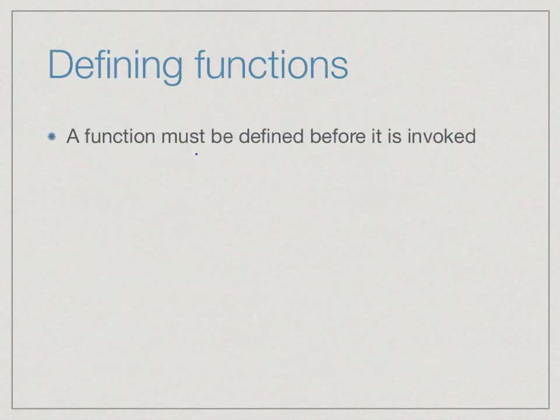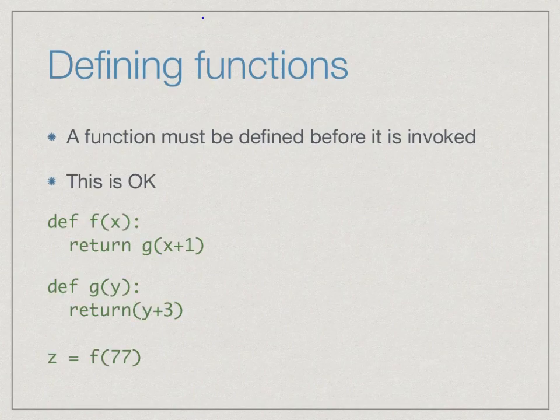One of the things that we mentioned up front was that a function must be defined before it is invoked. Now, this is a slightly subtle point, so let's just look at it a little more. Remember that a Python program is read from top to bottom by the interpreter. So when the Python program is read, it reads the definition of f but doesn't execute it.